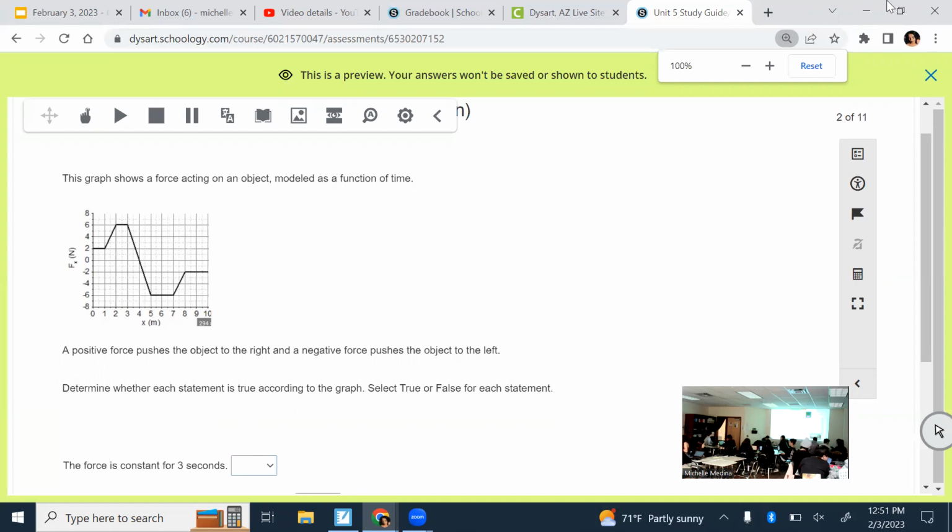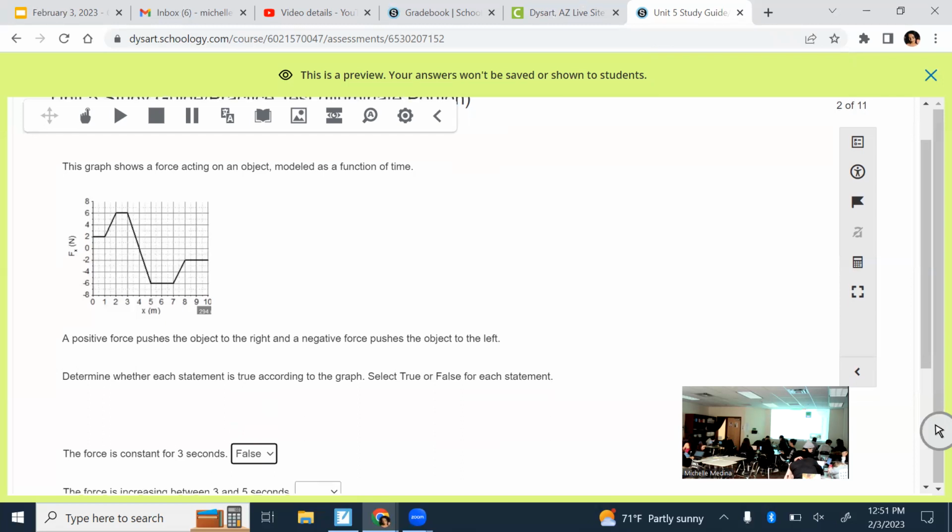So that's 1 second. This is also 1 second. This is 2 seconds. This is 2 seconds. So I don't see anywhere where it's the same for 3 seconds total, so I'm gonna go with false. Also, when you add up where they're always constant, that's more than 3.